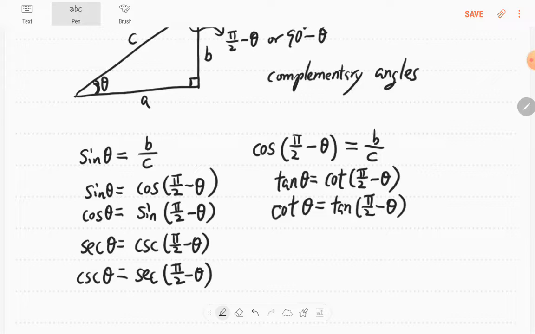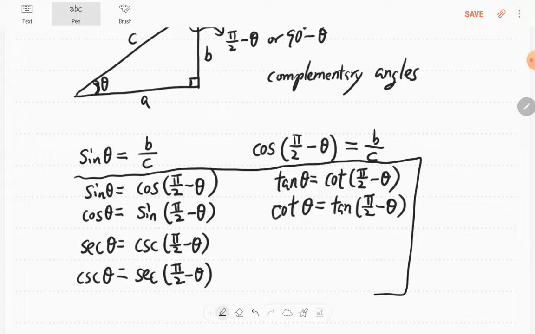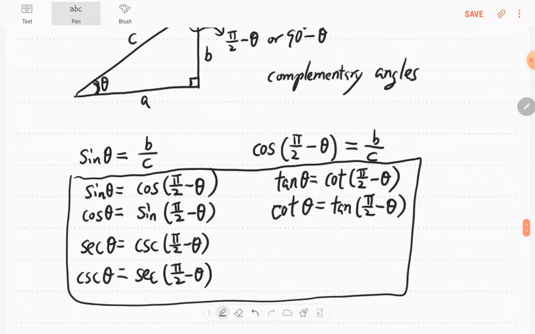In these identities, the left side is theta, the input is theta. The right side, the input is pi over 2 minus theta, which is the complementary angle. The left side is the trig functions, and the right side is called cofunctions.